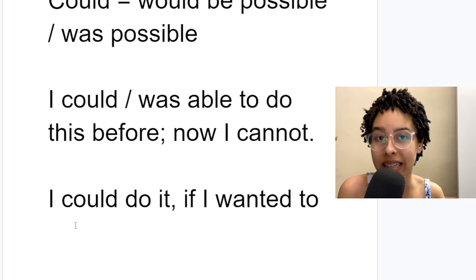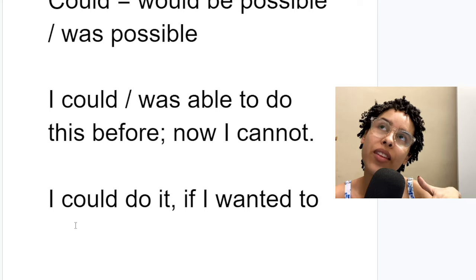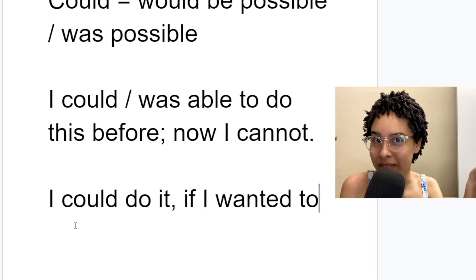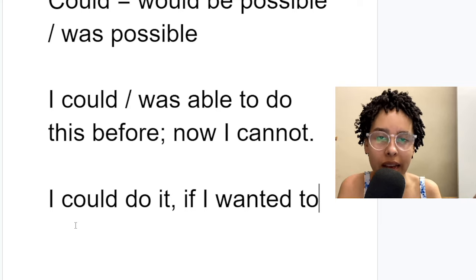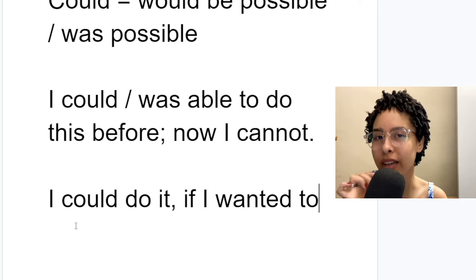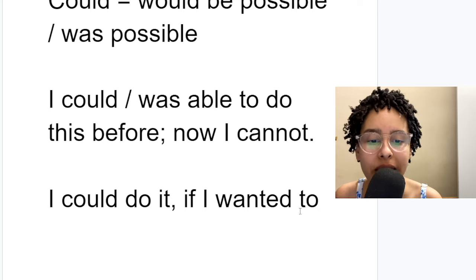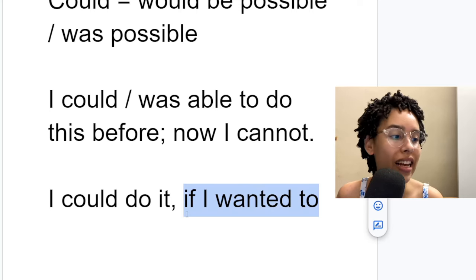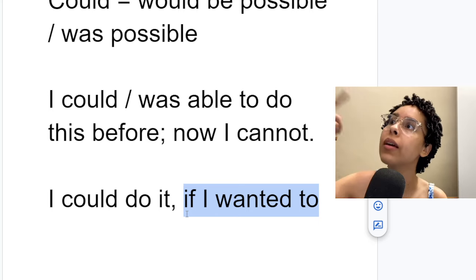You're not saying that you actually can, but it's something that you could. It's a possibility. Like it's possible that I could do this. Okay, I'm not saying that I can, but I could. It's possible if I wanted to. This part of the sentence right here changes everything. It's like the most important part: I could do it if I wanted to.